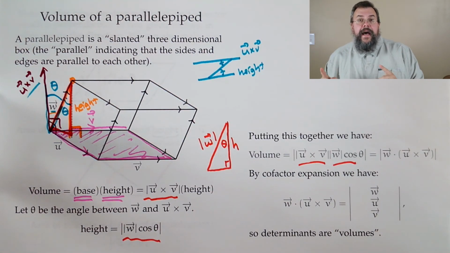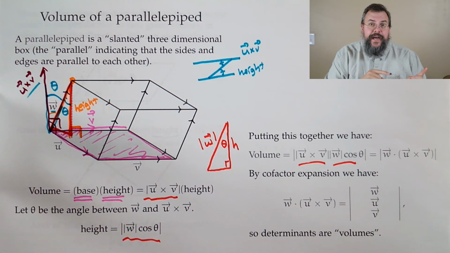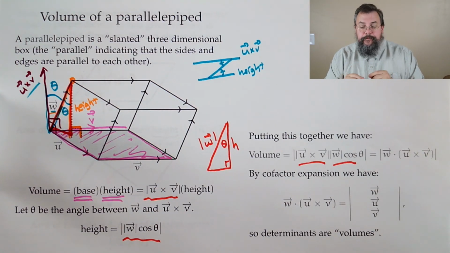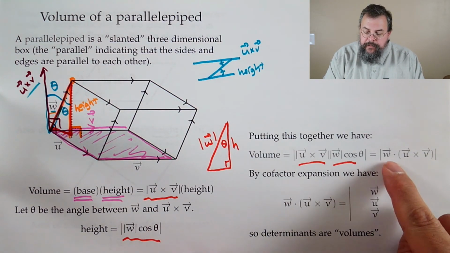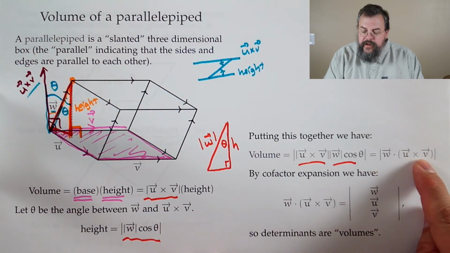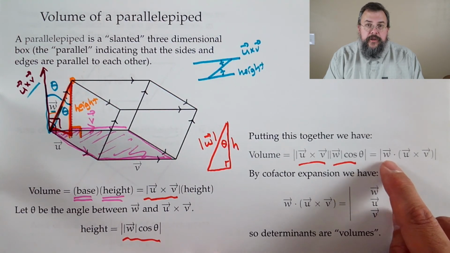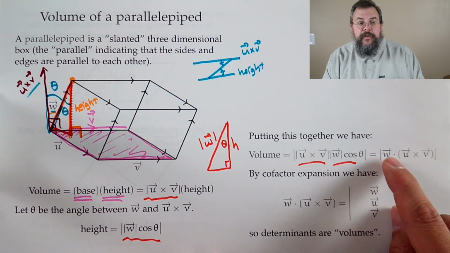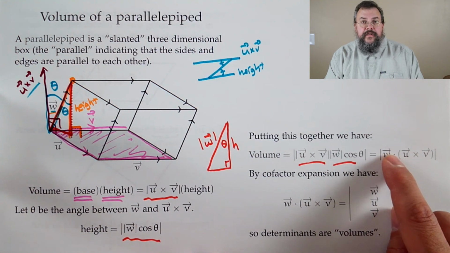If you remember back to how we did cofactor expansion, we had the i, j, and k. Well, when you take the dot product times a vector, what's happening is you can think of taking this original vector and replacing i by whatever the ith piece is, j by whatever the jth piece is, and k by whatever the kth piece is.